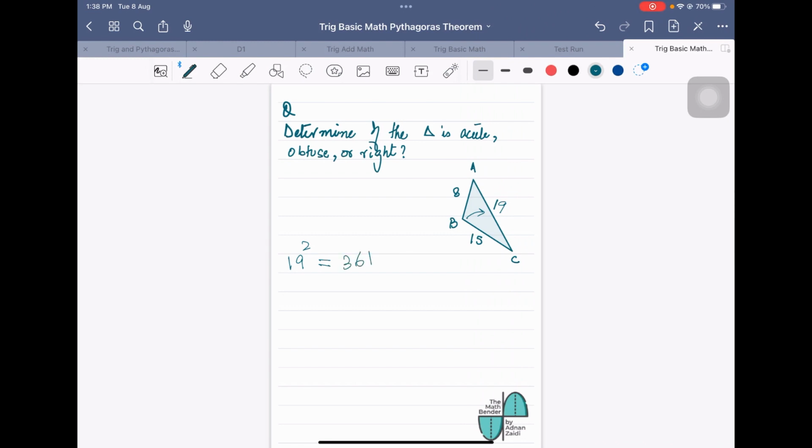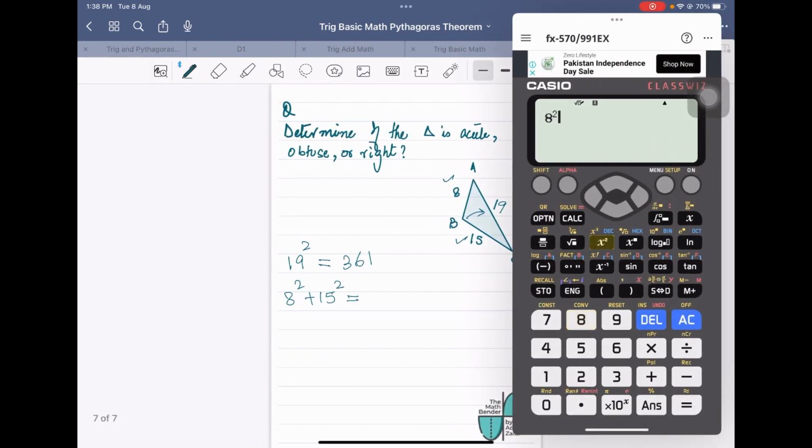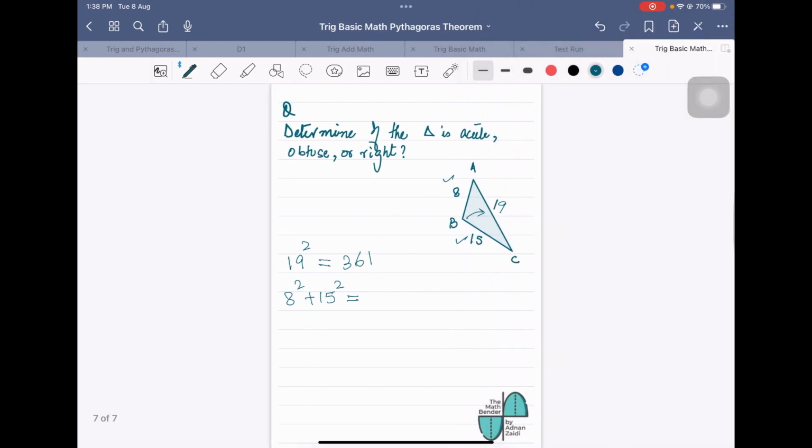And if I add the rest of the other two sides, 8 squared plus 15 squared, it is going to be 289. As I can see that this was c, I can say c squared is greater than a squared plus b squared, or 361 is greater than 289. Hence, it is an obtuse angle triangle.